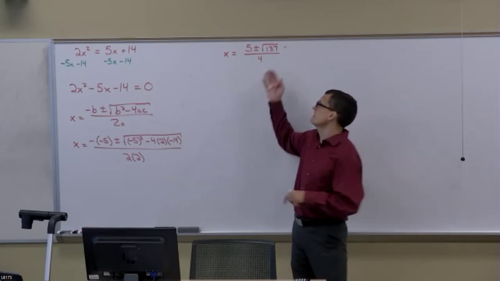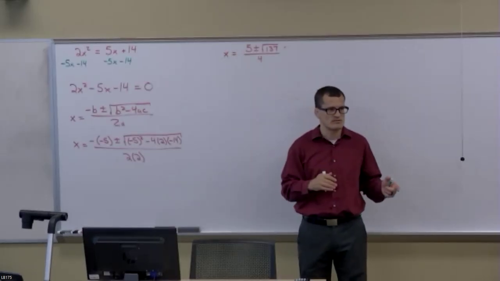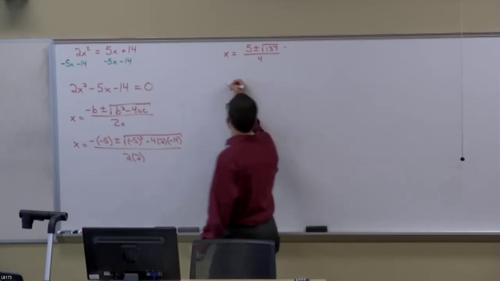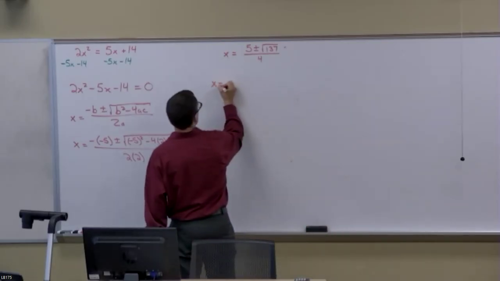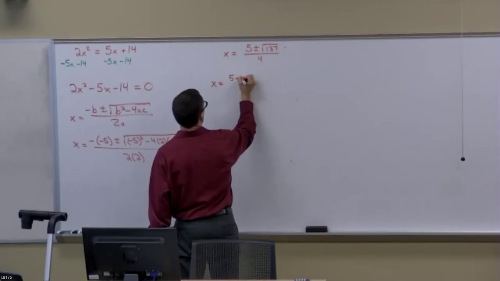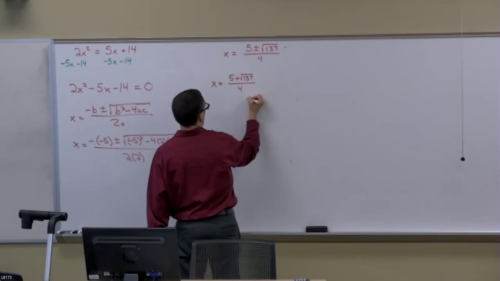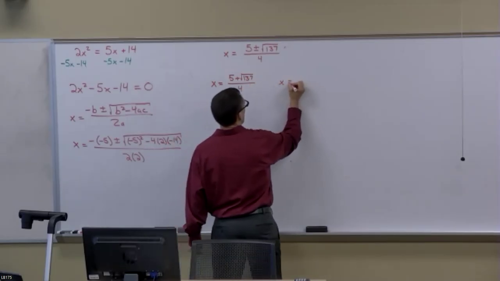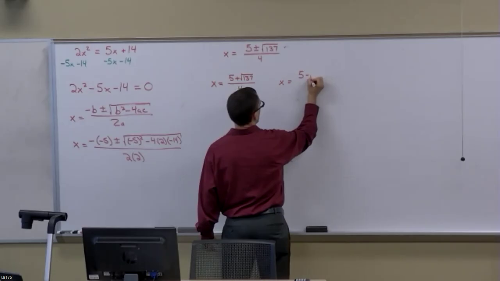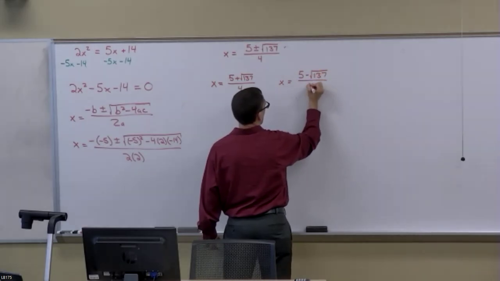It's positive underneath the square root, but it's irrational. So what I would do is I would say this has two solutions. One is 5 plus root 137 all divided by 4, and the other is 5 minus the square root of 137 all divided by 4.